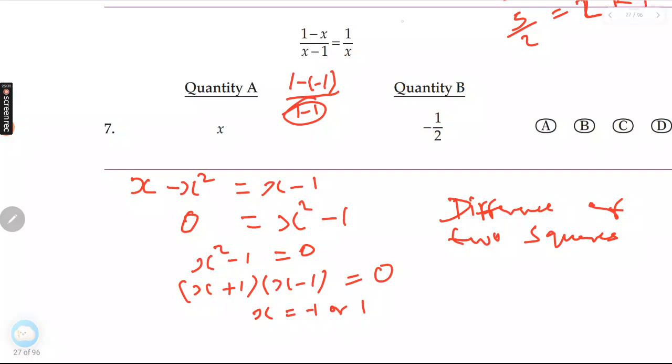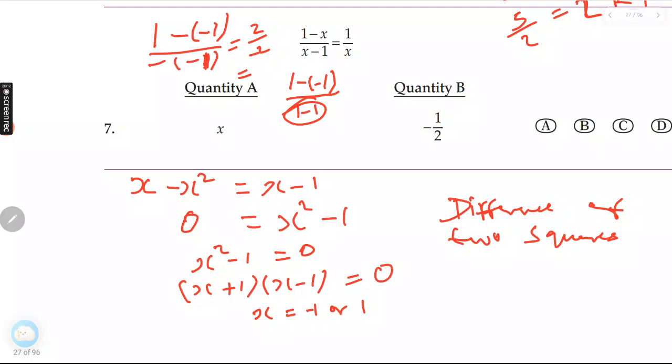If we are trying minus 1, 1 divided by minus 1 is already minus 1. Now let us check this other part, which is 1 minus 1 over minus 1, minus 1 minus 1. So the first one will be 2 over minus 1 minus 1, 2 over minus 2.